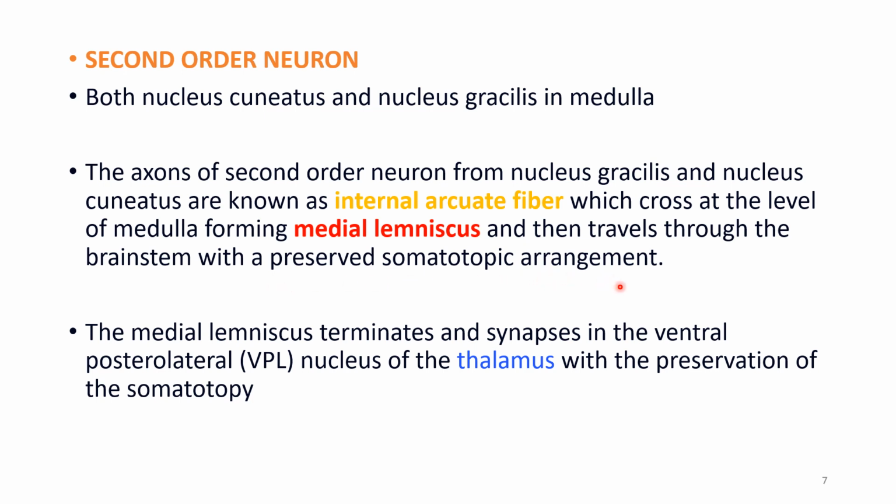So the somatotopy is not at all changing. Means the fibers which are coming from the lower part of the body are in the medial region, and from the upper part of the body they are in the lateral region. Then the medial lemniscus terminates and synapses in the VPL nucleus, that is ventro-posterolateral nucleus of the thalamus, with the preservation of the somatotopy.